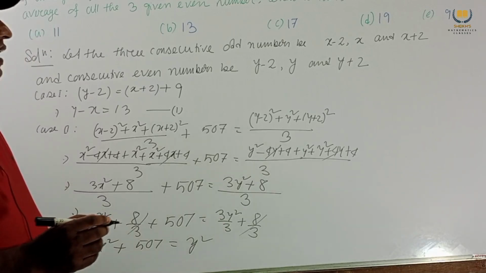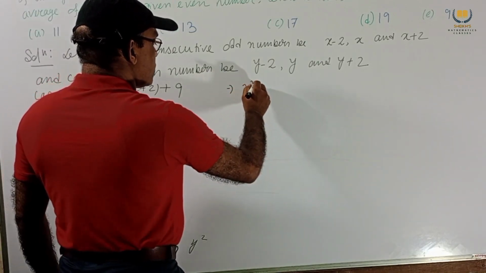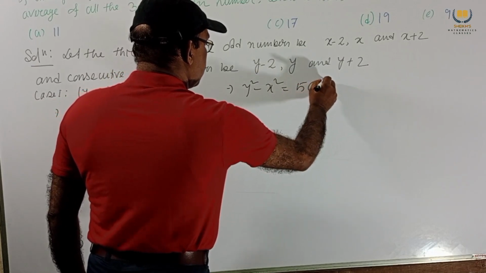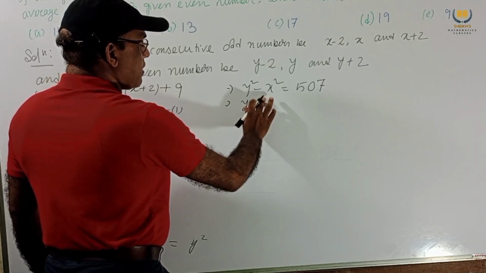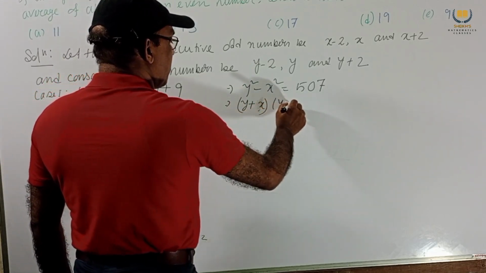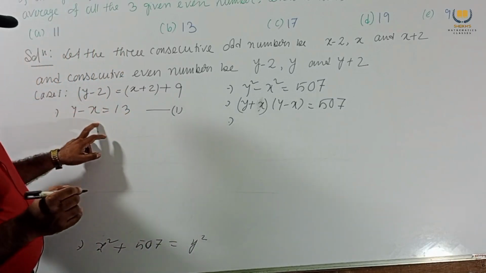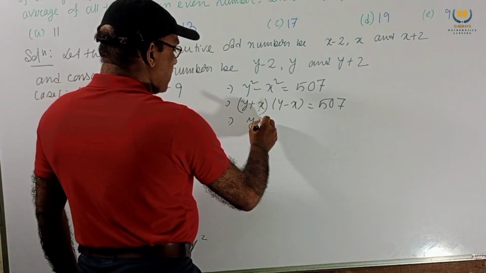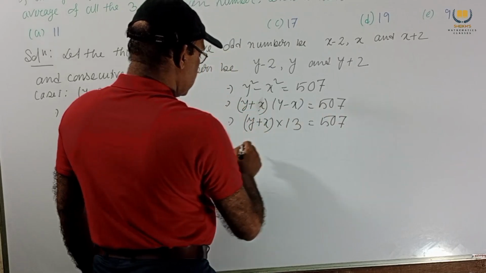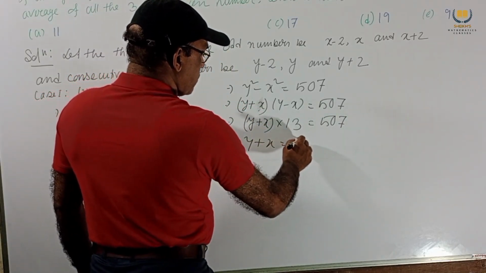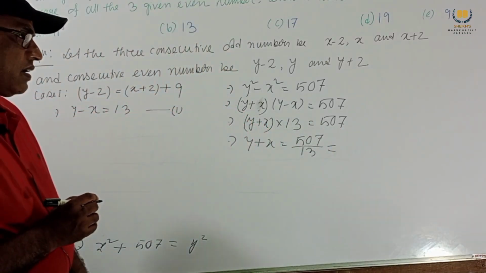Taking x square to the right-hand side, y square minus x square equals 507. Using the formula a square minus b square equals (a plus b) into (a minus b): y minus x is 13, so (y plus x) into 13 equals 507. So y plus x equals 507 by 13.